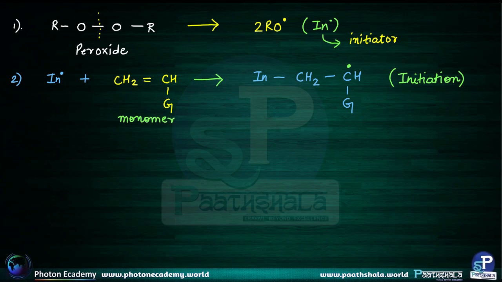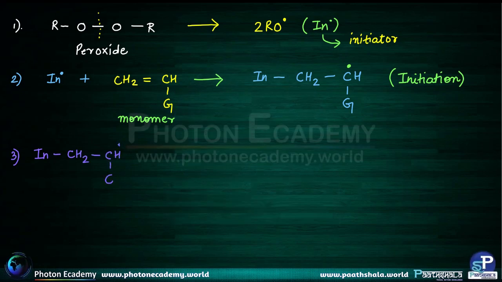Next, this species that we just obtained will now attack another monomer. We have the same monomer because it was a chain growth polymer, so we are forming a chain over here.